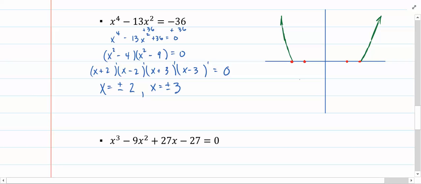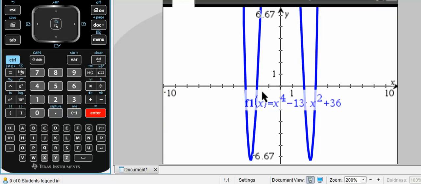And the only way for us to get through each of these four zeros and come out the other side following that end behavior means that the graph has to come down, curve back up, curve down again, and then back up to form a nice W-looking graph. Now, if that's a sketch that we think this will look like, let's verify that with the graphing calculator.